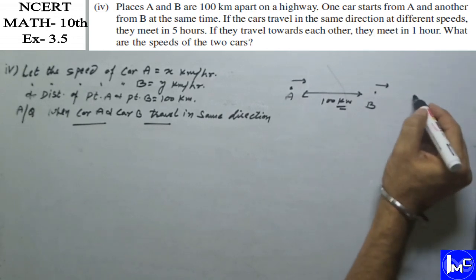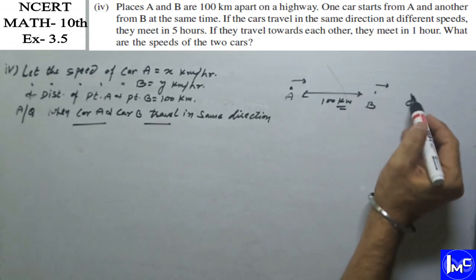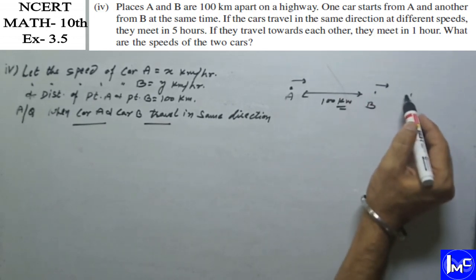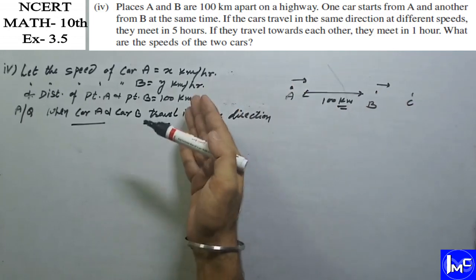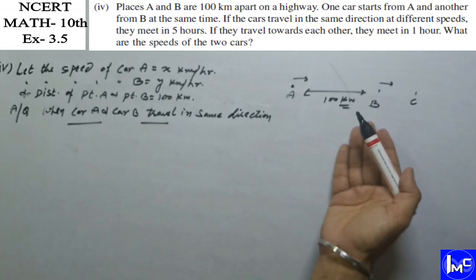Let us say here is the point C, where these cars meet each other. They are saying if they travel in the same direction, they meet in 5 hours.